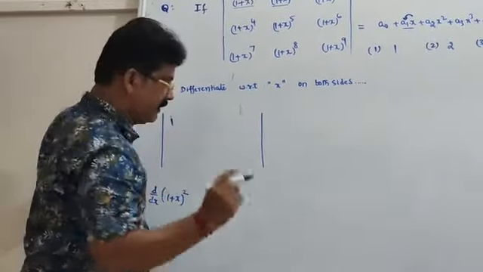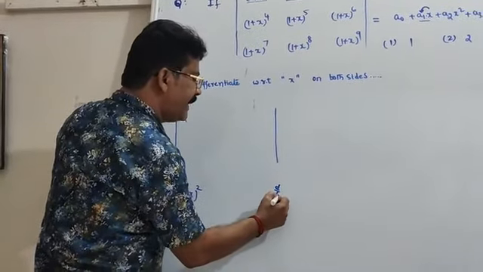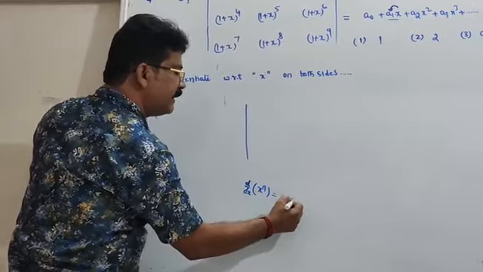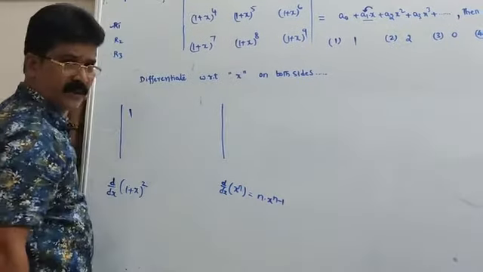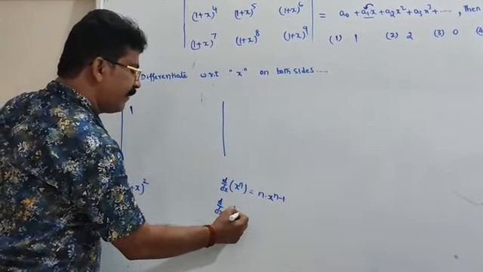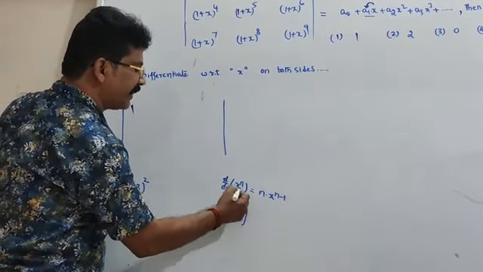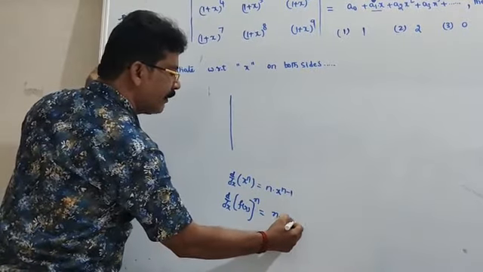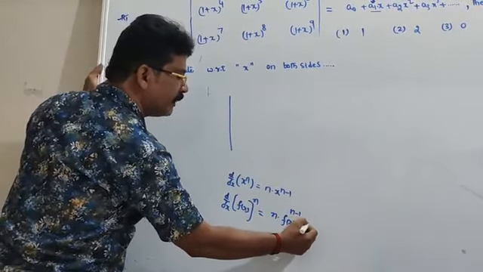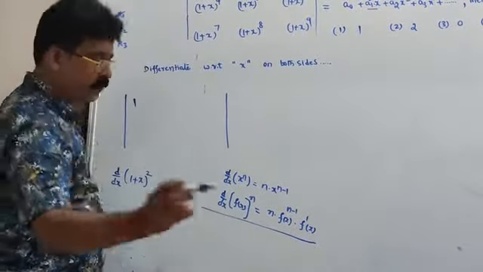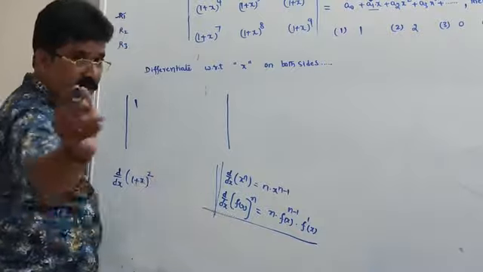Already I said in 11th standard, d by dx of standard formula x power n equal to n into x power n minus 1, and d by dx of something f of x, any function instead of x, whole power n equal to n into f of x whole to the power of n minus 1 into f dash of x. Please make a note of these two formulae in your notes.